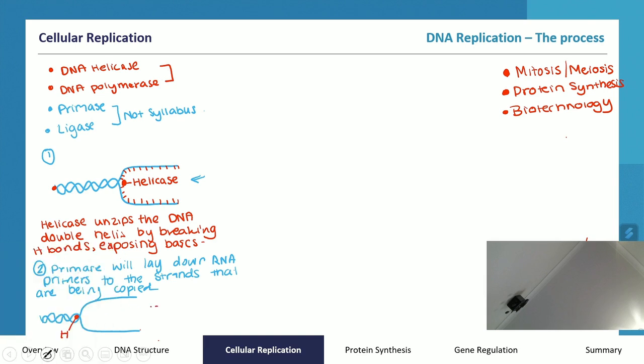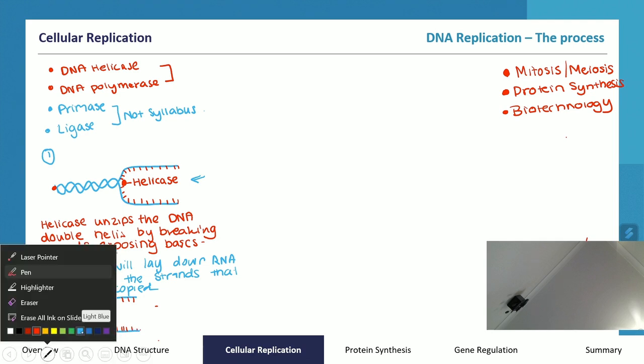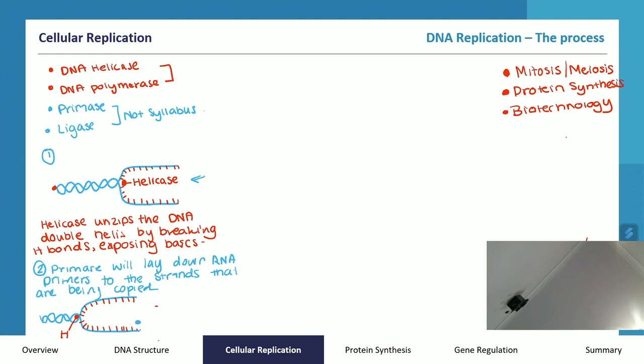I'm just going to write all of the bases in like so. Primase will come in. What color did I make primase? Here we go. And basically lay down a primer at certain spots on the DNA strand that needs to be replicated. Kind of like if you were putting on primer before painting a wall, it's something that helps the paint adhere to the wall and get stuck on there properly.